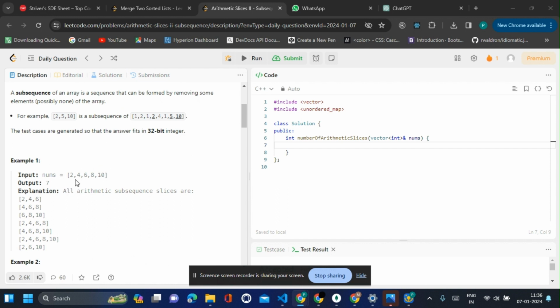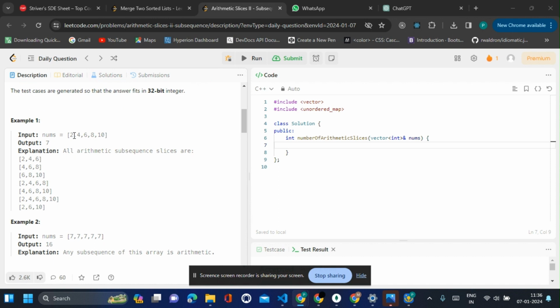We are given this array: 2, 4, 6, 8, 10. Now we have to count the number of all arithmetic subsequence slices which can be made from this. We have to count such subsequences whose size is greater than or equal to 3 and the common difference between them is the same.